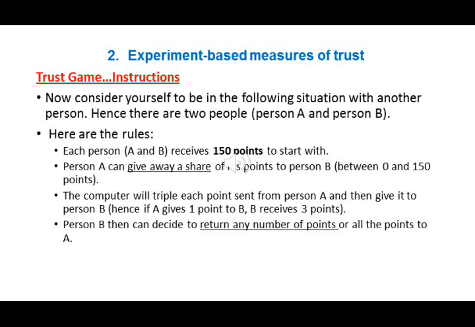The computer will then triple each point sent from person A, or double or whatever, it depends on the experiment, and then give it to person B. Hence, if A gives 1 point to person B, this 1 point is tripled, and B receives 3 points. Person B then can decide to return any number of points or all the points to person A. So these are the instructions of the trust game.